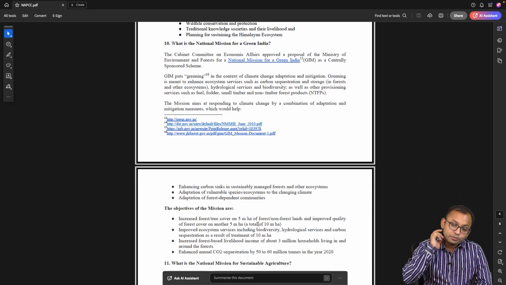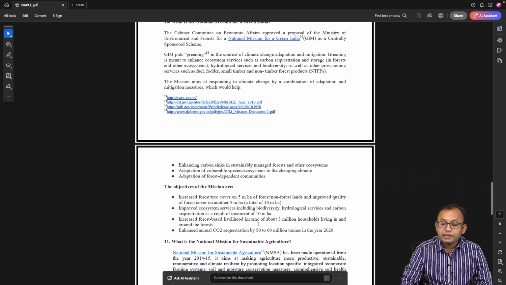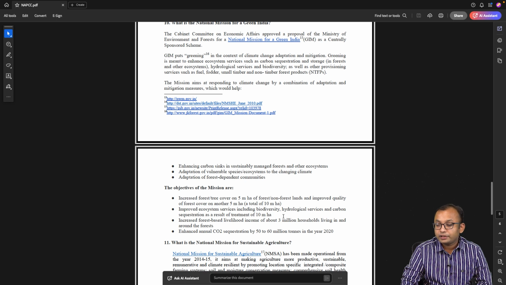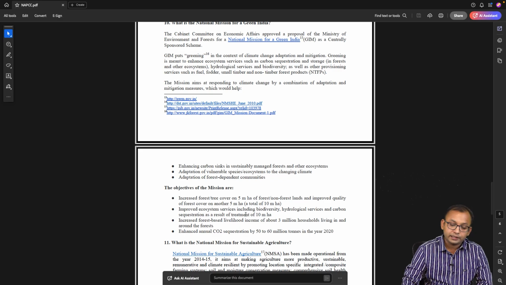The primary objective of the mission is to increase the forest cover on 5 million hectares and improve the quality of forest cover on another 5 million hectares, a total of 10 million hectares. It also aims to improve ecosystem services, including biodiversity, hydrological services and carbon sequestration, as a result of treatment of this much area.